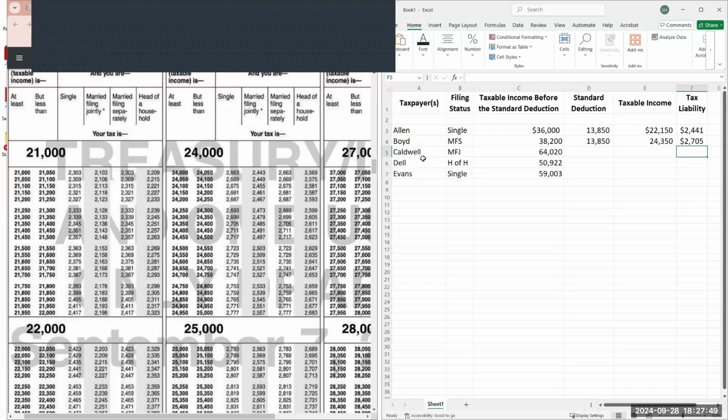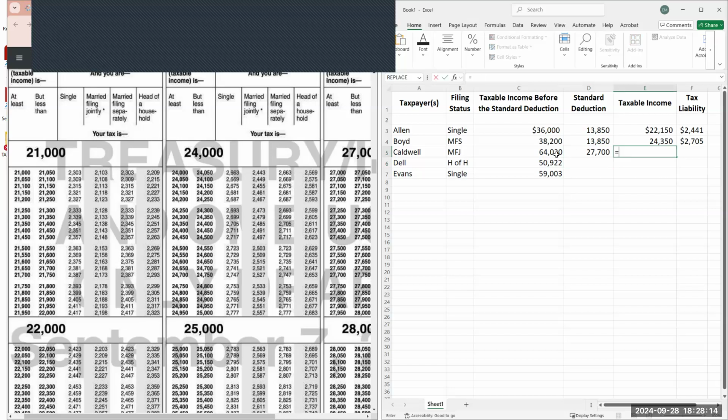All right. This brings us to the next individual, Codwell, filing as married filing joint. So for Codwell, taxable income before standard deduction of $64,000, and the standard deduction for a married filing joint couple in 2023 is $27,700.